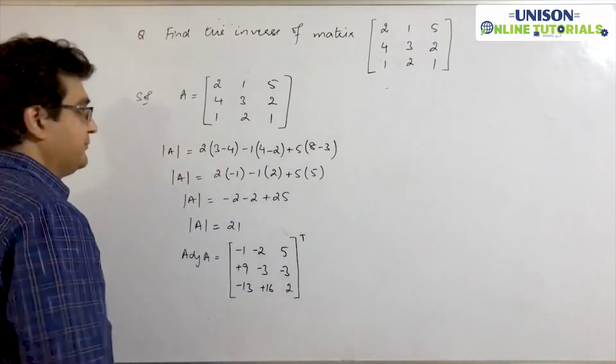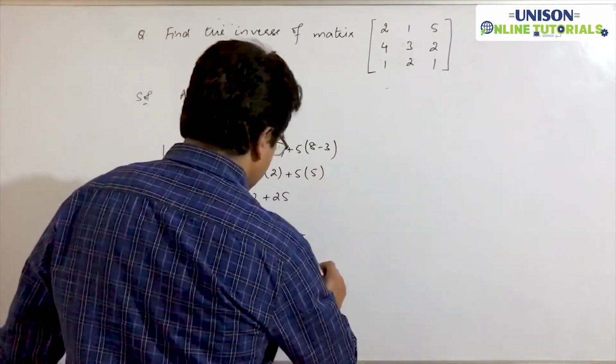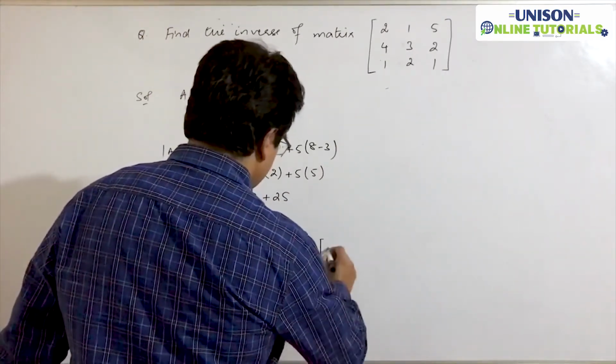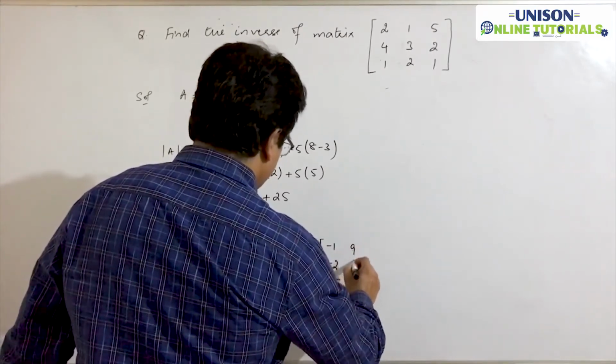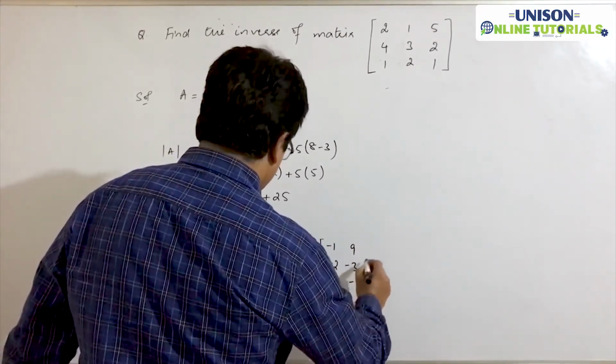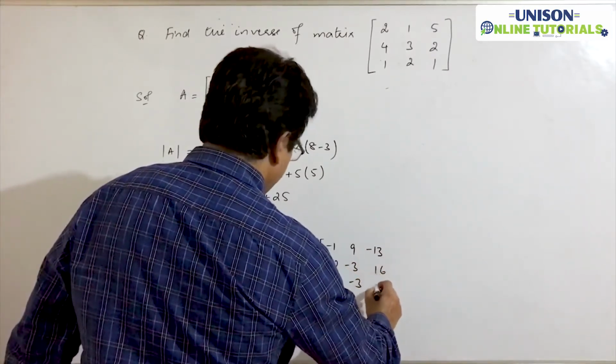Transpose. So adjoint A comes out to be minus 1, minus 2, 5, 9, minus 3, minus 3, minus 13, 16 and 2.